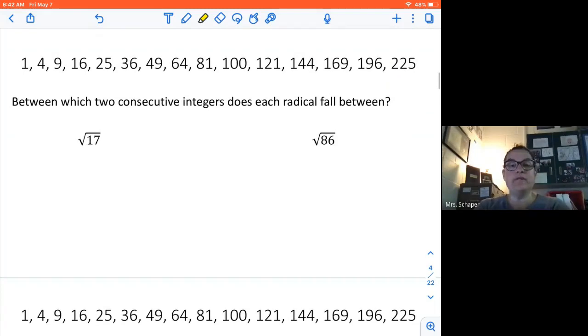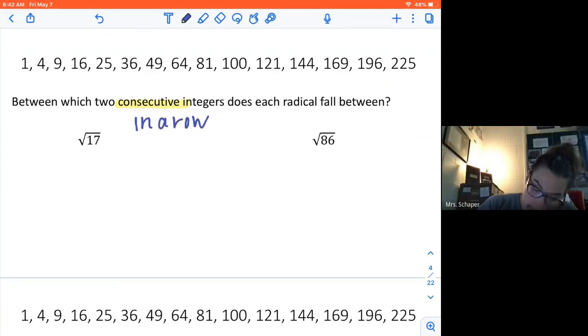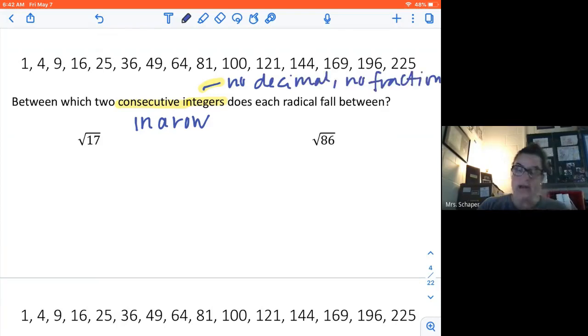Here's our first task. Between which two consecutive integers does this radical fall? Integers are numbers with no decimal, no fraction. So between what two numbers in a row with no fraction or decimal does this radical fall?